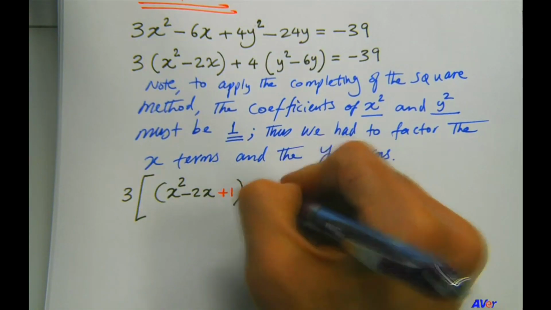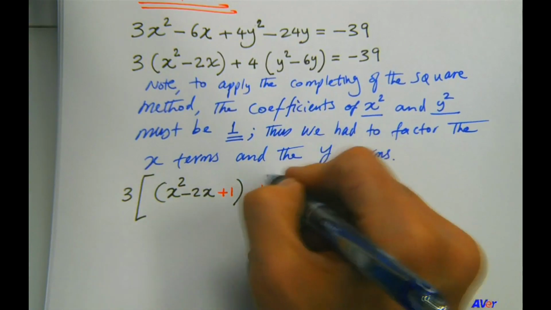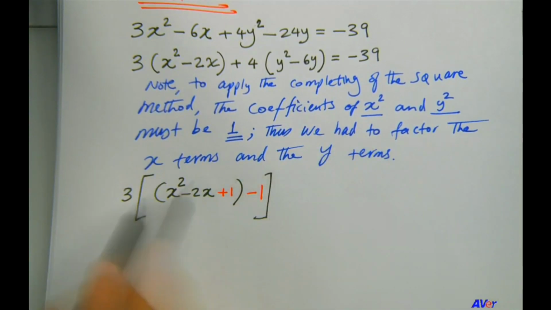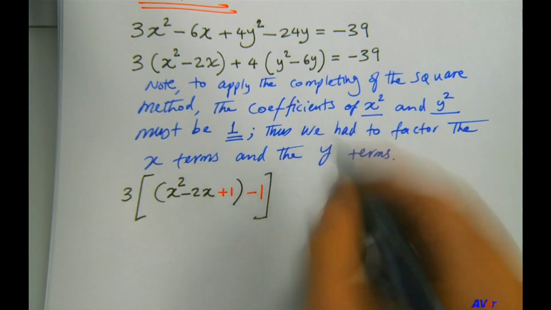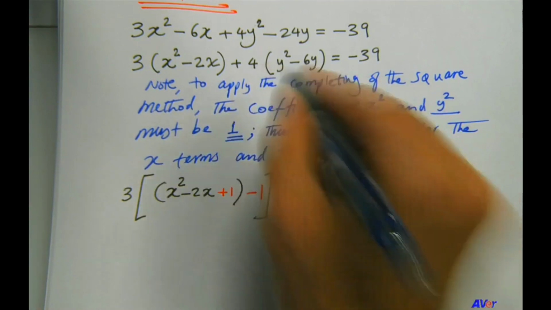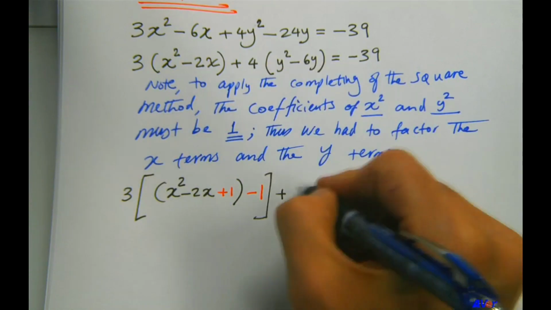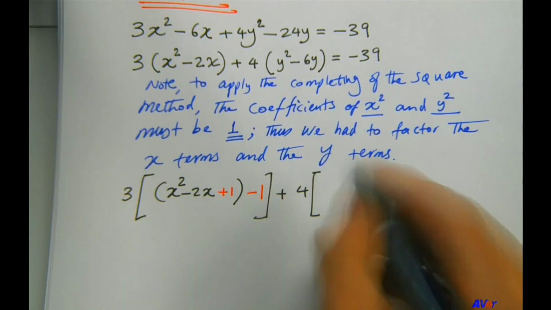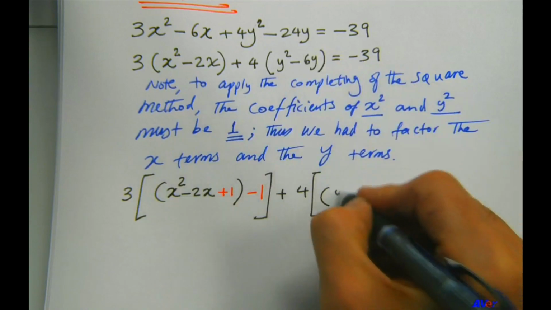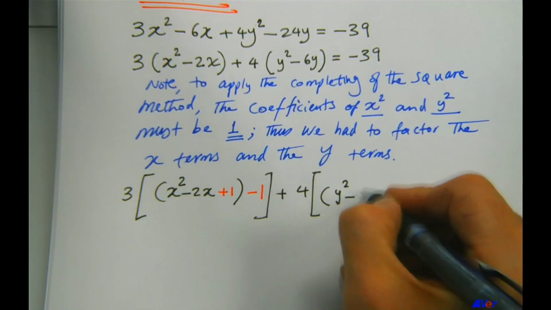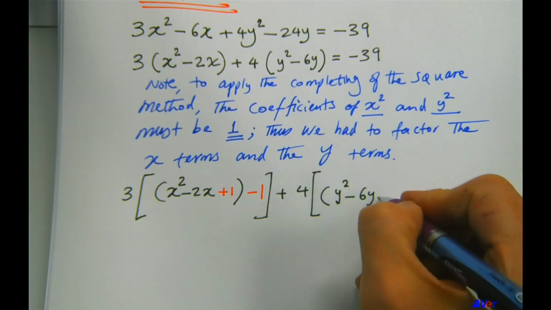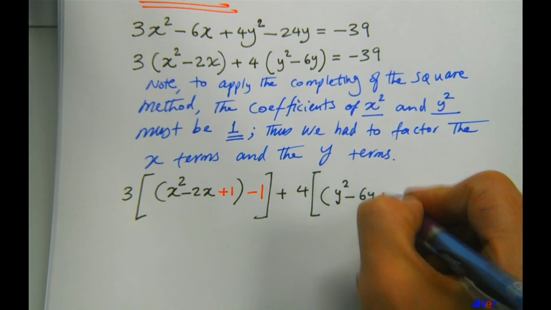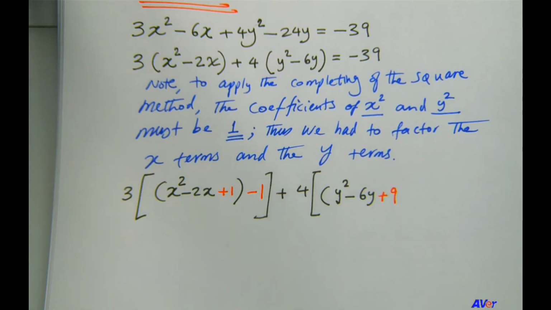So minus 1, like that. So now I can complete the square here for what I've shown in the parentheses. Plus 4 times y squared minus 6y. In order to complete the square there, I have to have a plus 9 here.